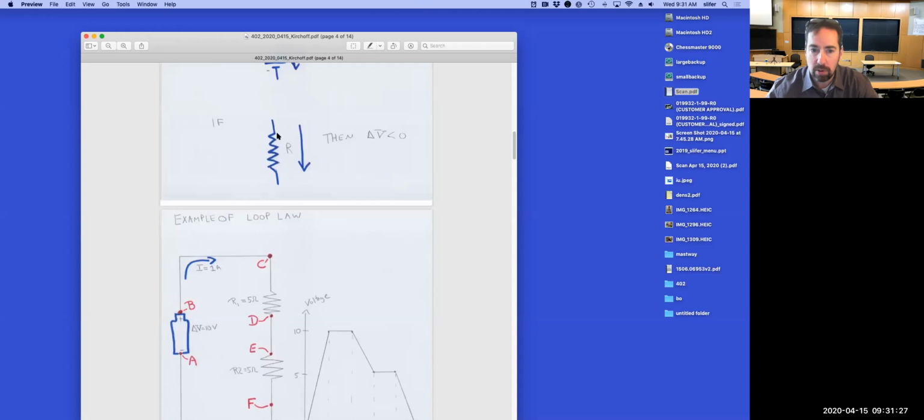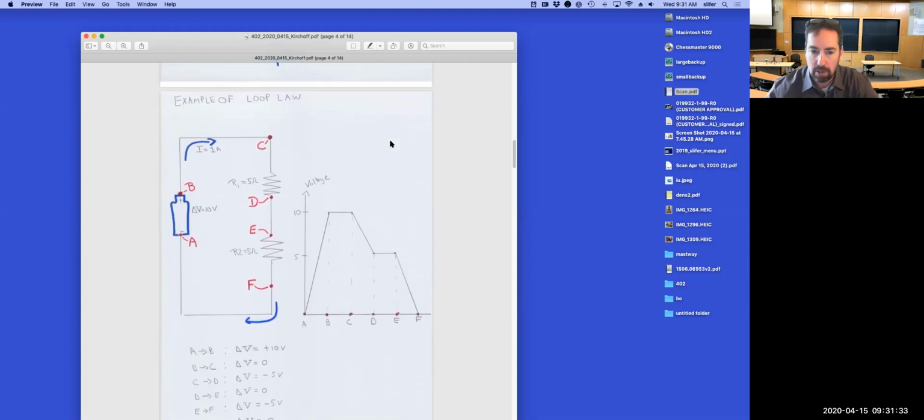Back up here, the current is flowing through a resistor. This is going to be a negative potential drop. So I have minus 5 volts going from point C to point D as I move across this resistor. I have a 5 volt potential drop as I move from this point to that point. Again, perfect wires going from D to E. So D to E, no change in potential, flat line here.